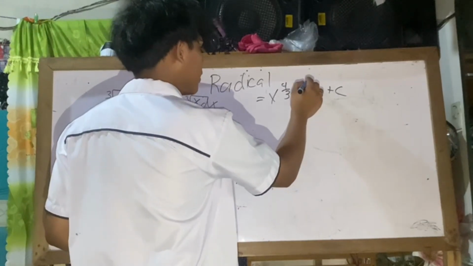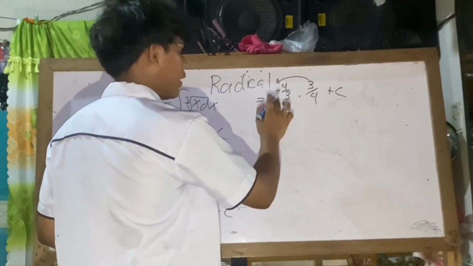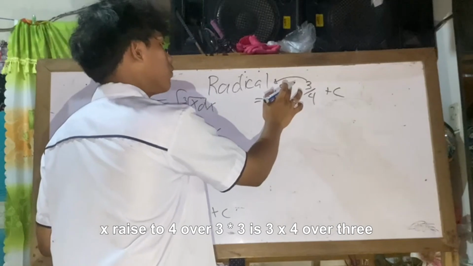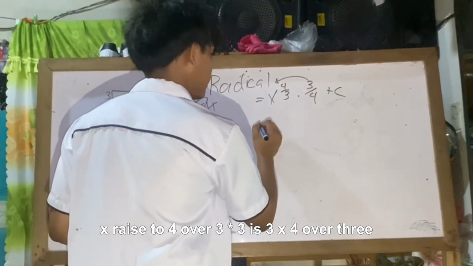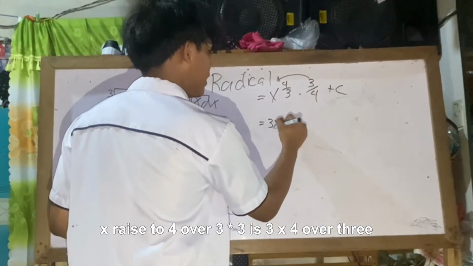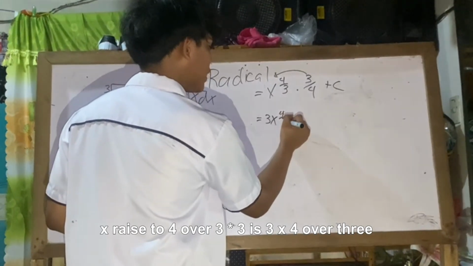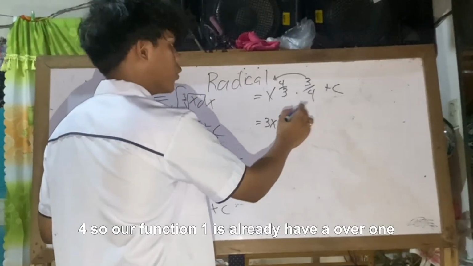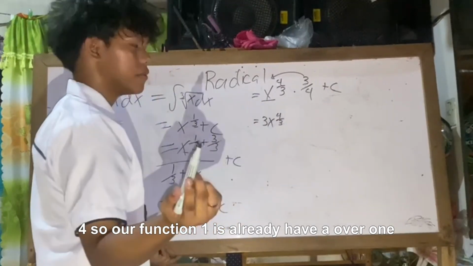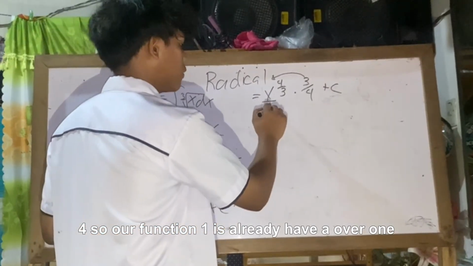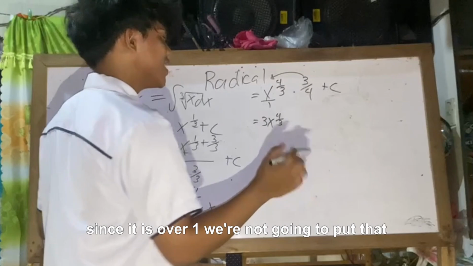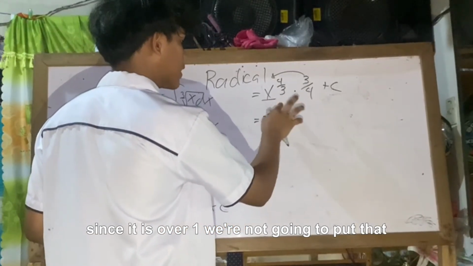Here, x raised to 4/3 times 3 is 3x to the 4/3. The 4 already has a over 1, and since it is over 1, we're not going to put that.